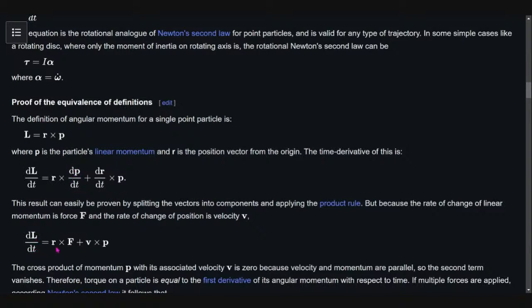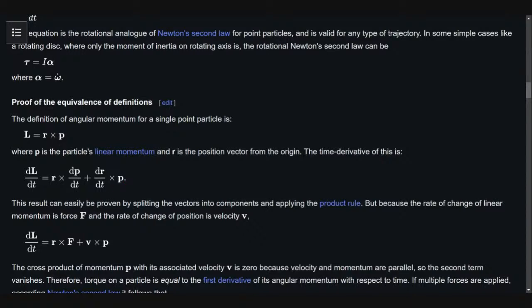So dL/dt is R cross F plus the dR/dt is V cross P.